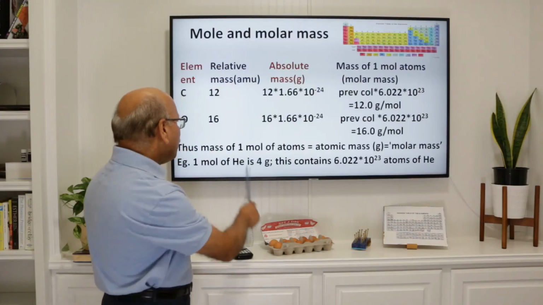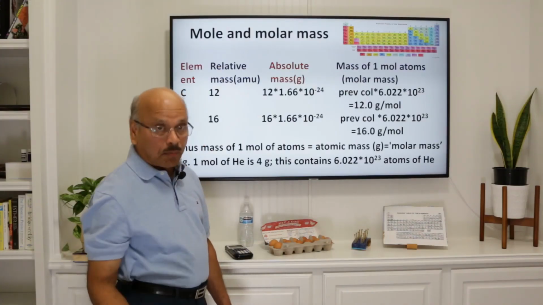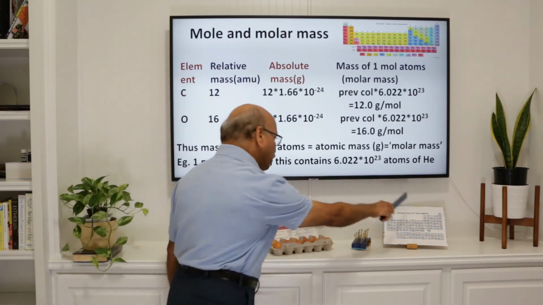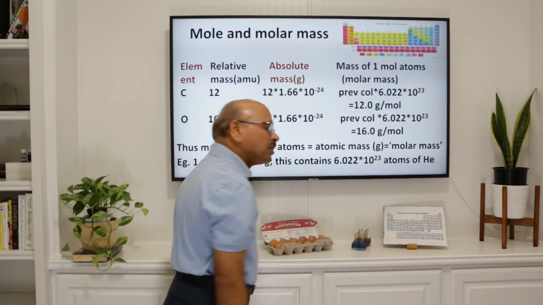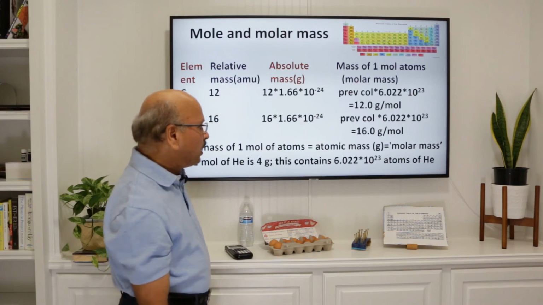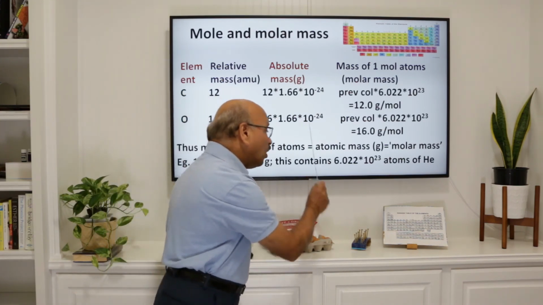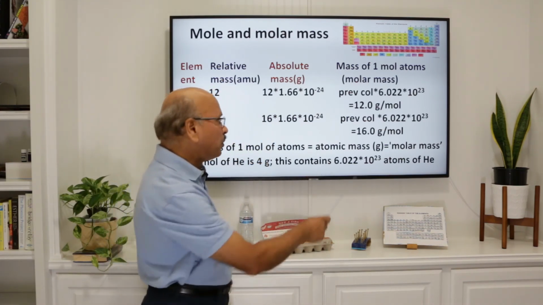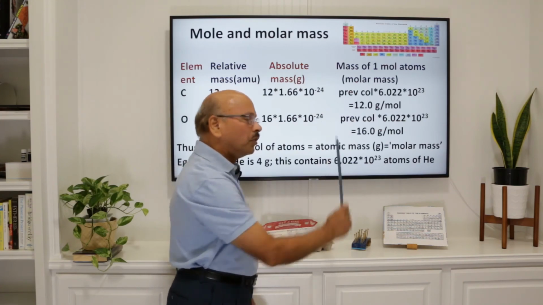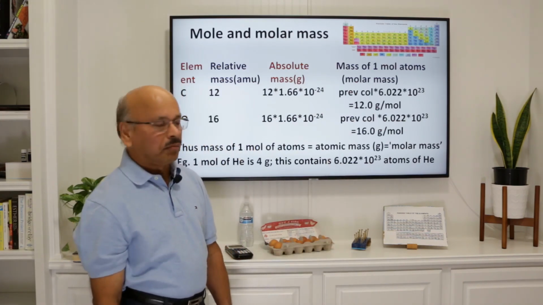So 1 mole of helium is 4 grams approximately, because if you look at the periodic table, the atomic mass of helium is given as 4 approximately. And that always contains the Avogadro number, 6.022 times 10 to the power 23 atoms of helium.